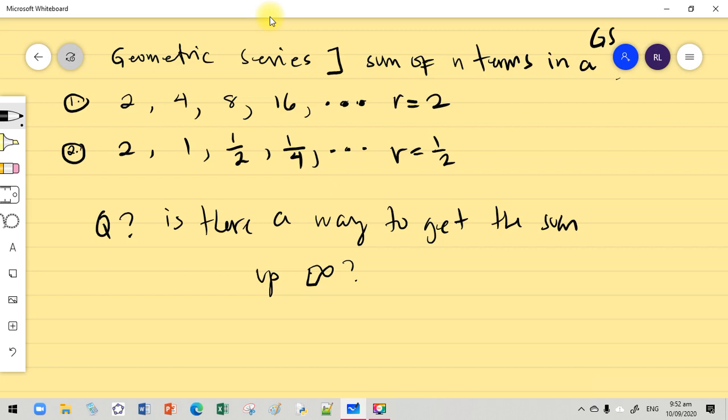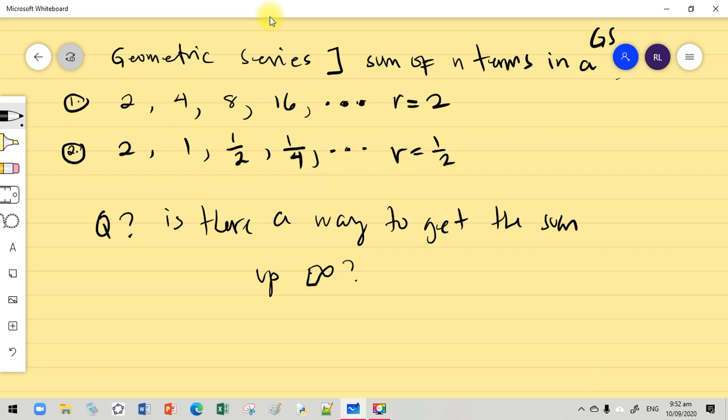So if you take a look at number 1 and observe the progression of the sequence, you'll have 2, 4, 8, 16, 32, 64, 128, 256, 512, and so on.